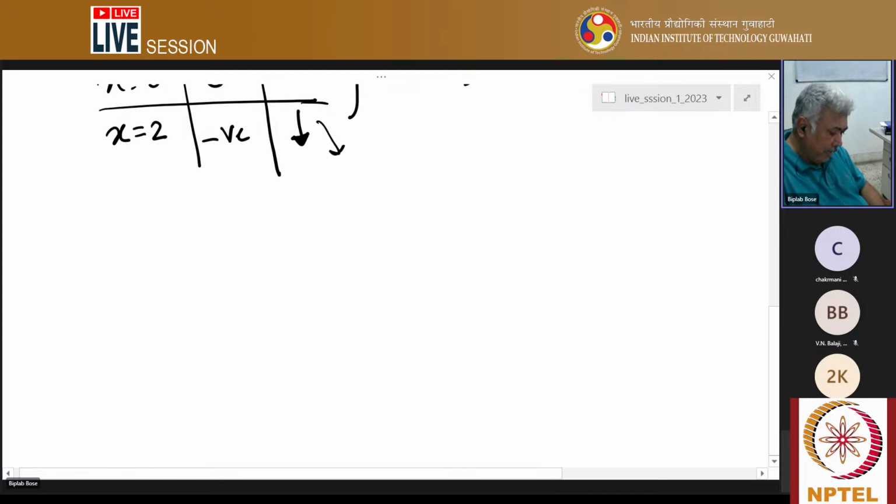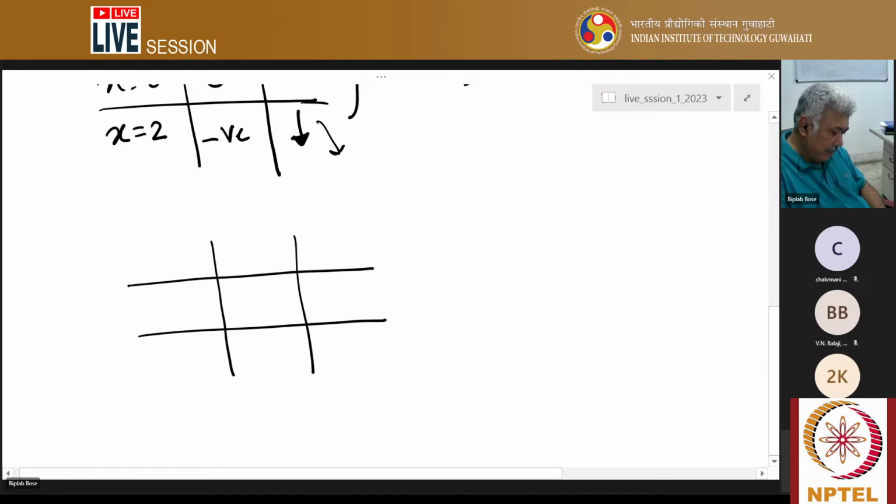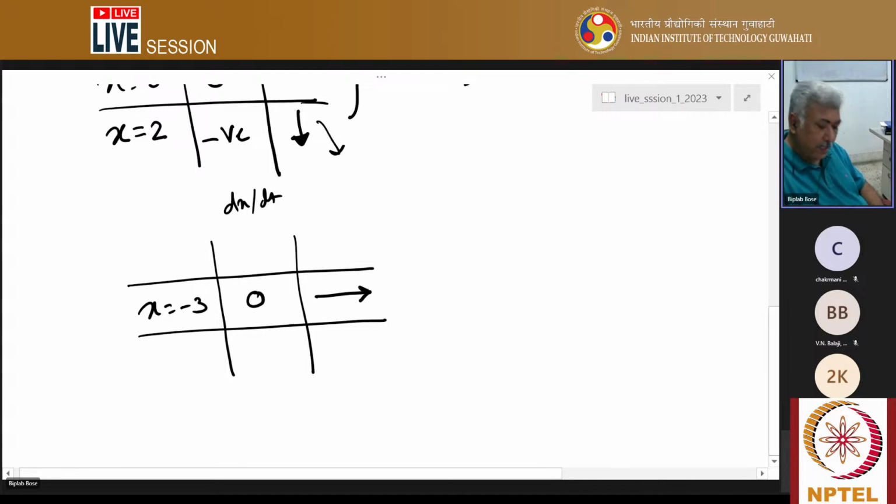Now let us do the second, same thing. x equal to -3. dx dt will be 0 because that's a steady state, so my arrow will be horizontal. Now, one important point. Over the years, I have seen people make a mistake here. On the top row, I have to take a value bigger than this steady state value.